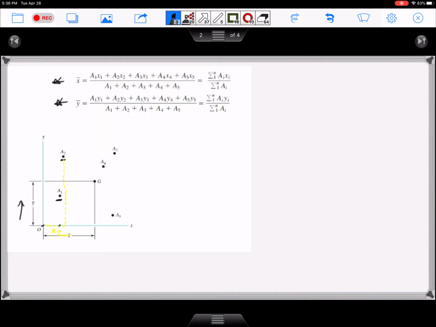The main thing in this section is that we have to find two main shear forces. Let's write that down.